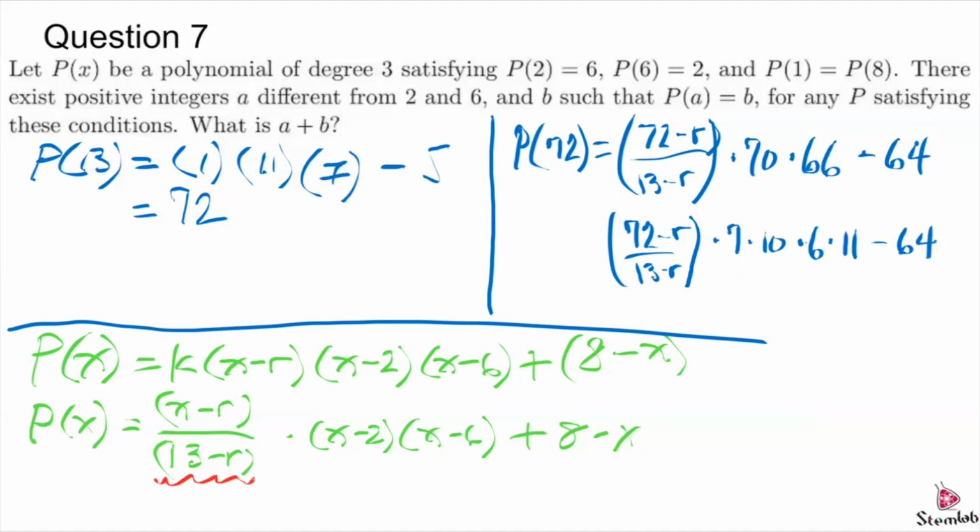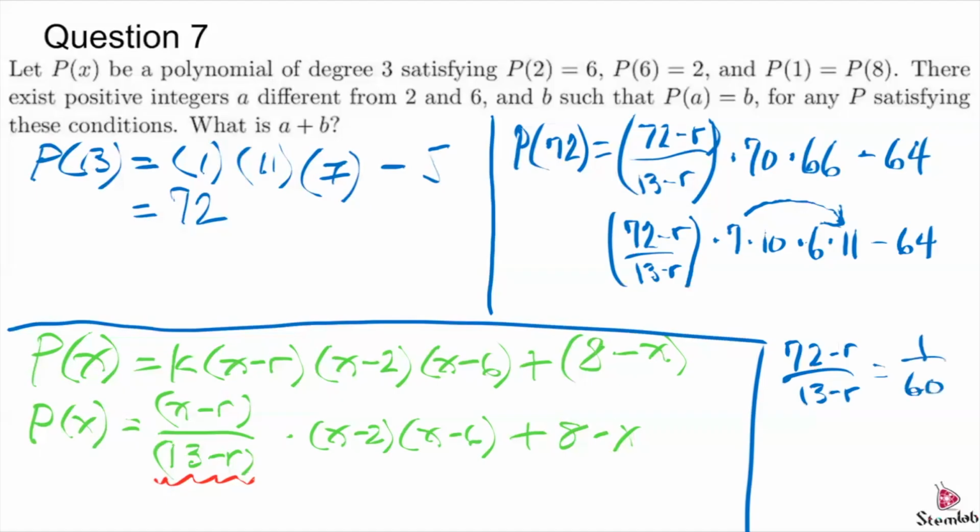So for this to become 13, the first term here has to be 77. But we already have a 77 between these two, 7 times 11. So that means that 72 minus r over 13 minus r must cancel the 10 times 6. So this must be equal to 1 over 60.